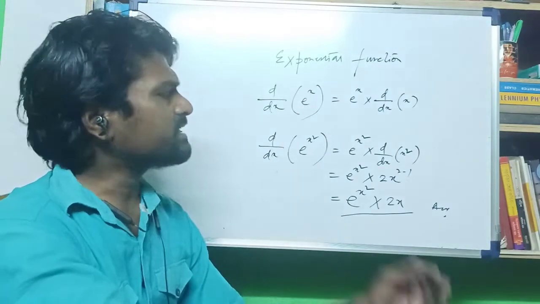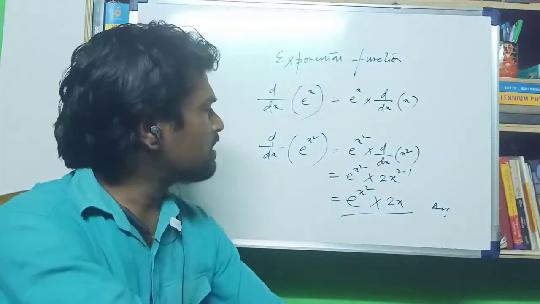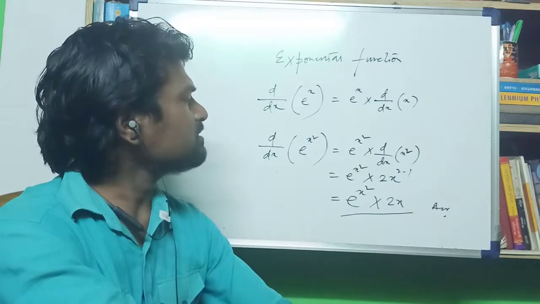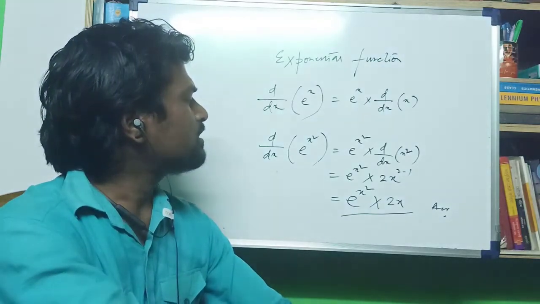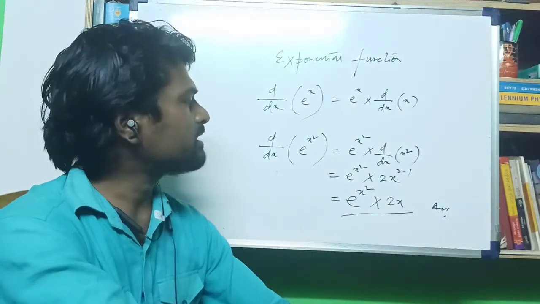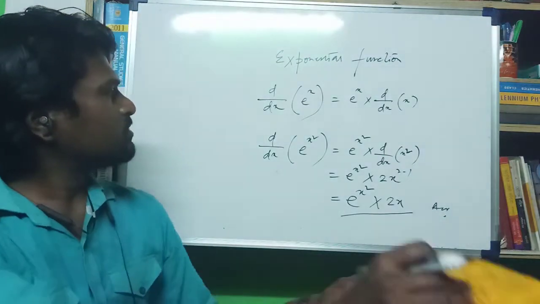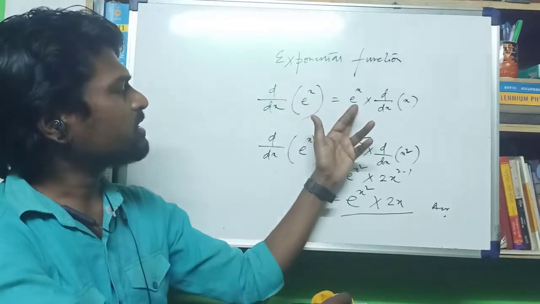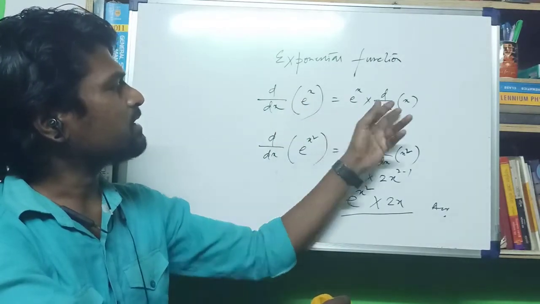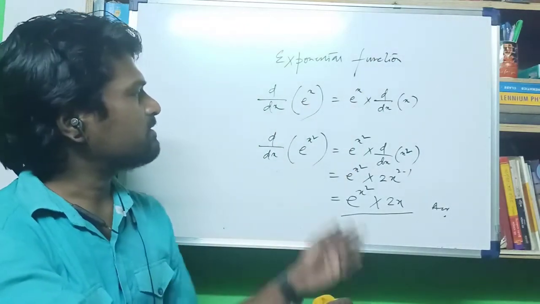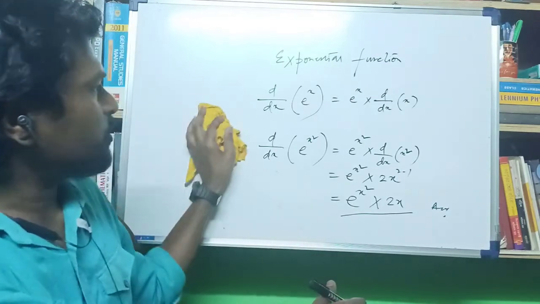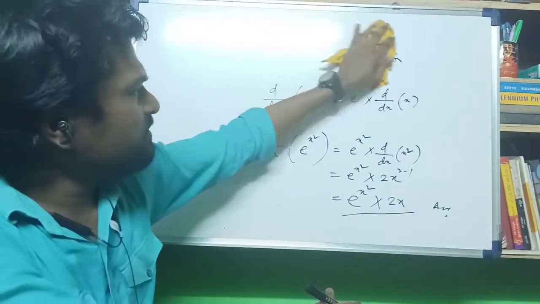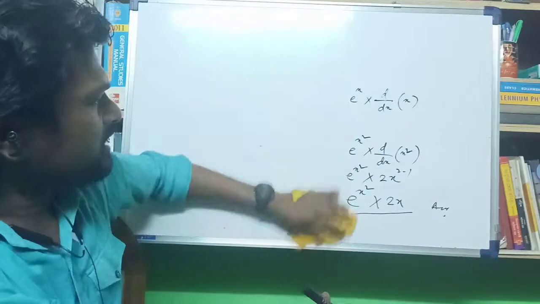When the function is exponential or trigonometric, you have to differentiate again if it is possible. So this is the rule. For an exponential function, you just write down the exponential function and then take the derivative of the exponent.